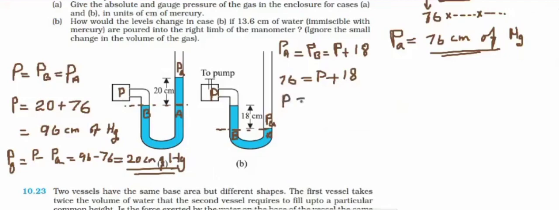So P is equal to 76 minus 18, so you will get the answer 58 centimeter of mercury.